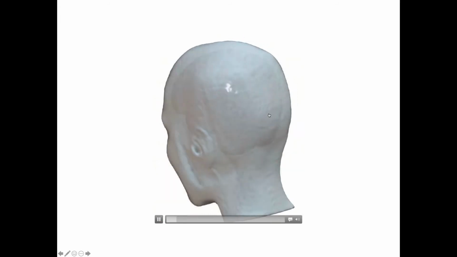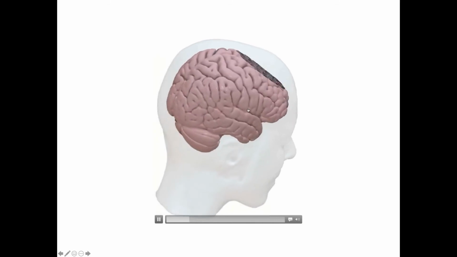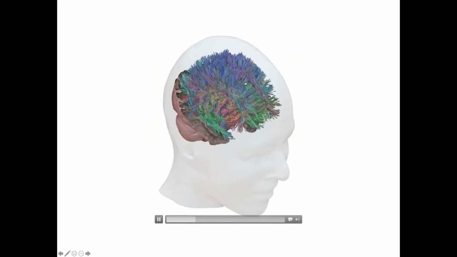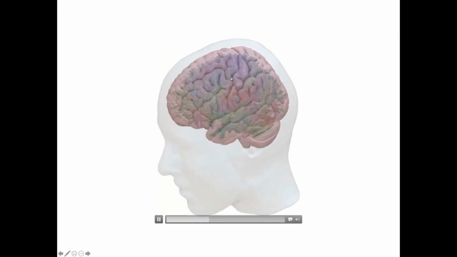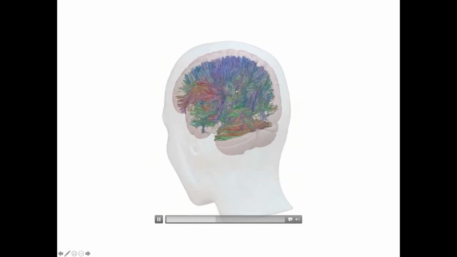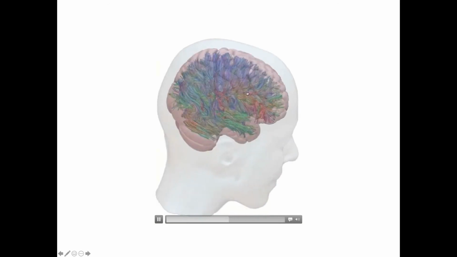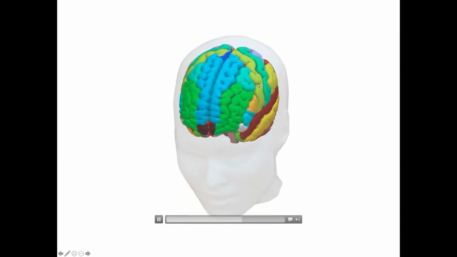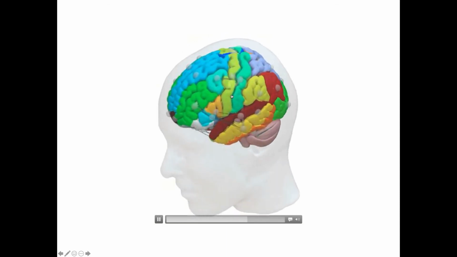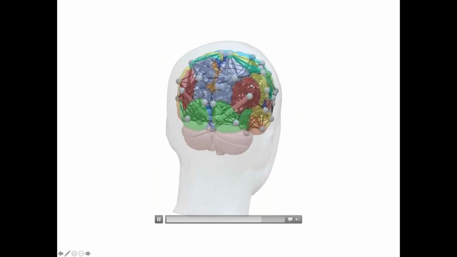Let's go first through visualization where we see these different components. We have the skull. If we look inside, we have the homogeneous cortical sheet. And if we look deeper inside, we have the white matter tracts that connect distant brain regions. And now it is exactly this cortical sheet that we can split into different brain regions following brain atlases, which is called a parcellation.